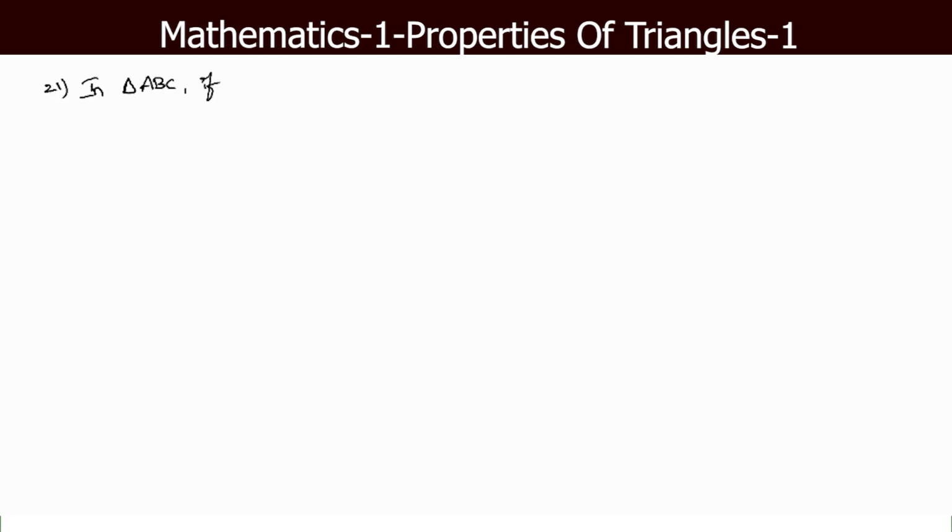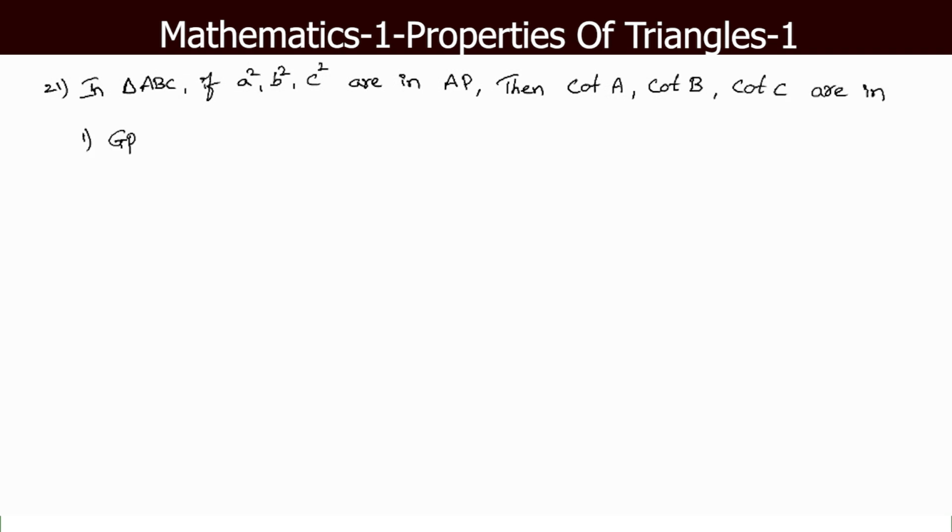21. In triangle ABC, if a square, b square, c square are in AP, then cot A, cot B, cot C are in: 1, geometric progression; 2, arithmetic progression; 3, harmonic progression; 4, arithmetico-geometric progression. Now, by hypothesis, because a square, b square, c square are in AP, b square minus a square is equal to c square minus b square.